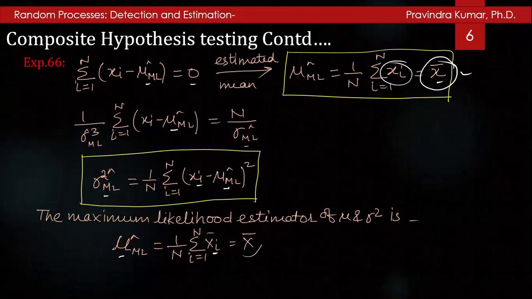When we use the random variable, it is known as the estimator, and when we use the value, it is the estimated value. And the estimator of the variance will be 1 by n summation i = 1 to n (xi minus x bar) whole square, where x bar is the mean value of the random sample.